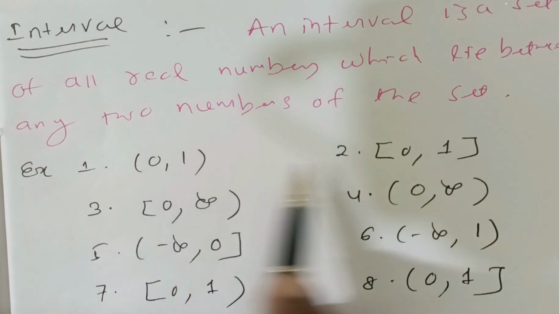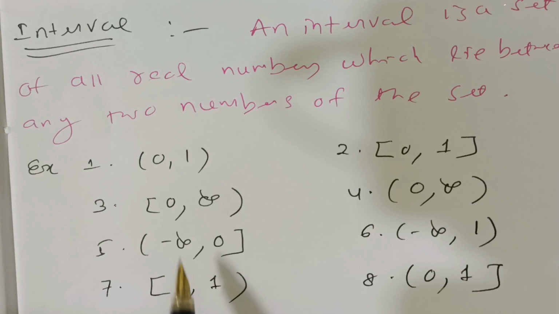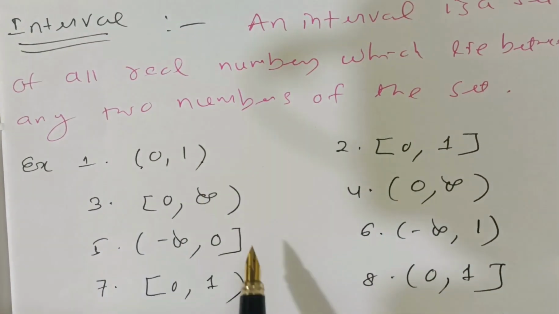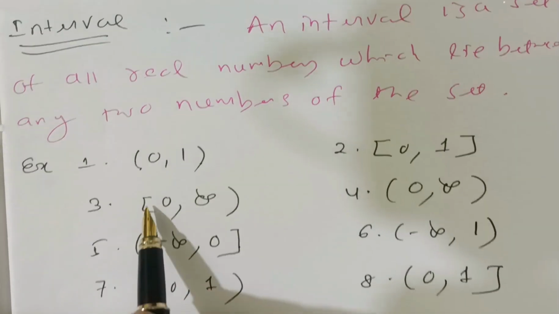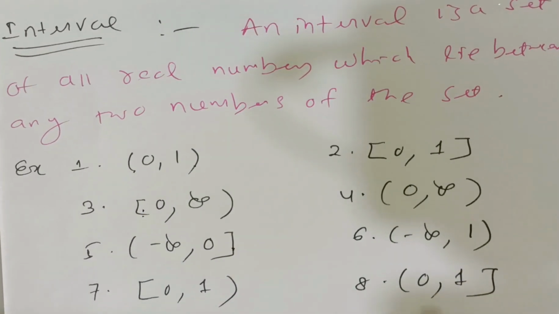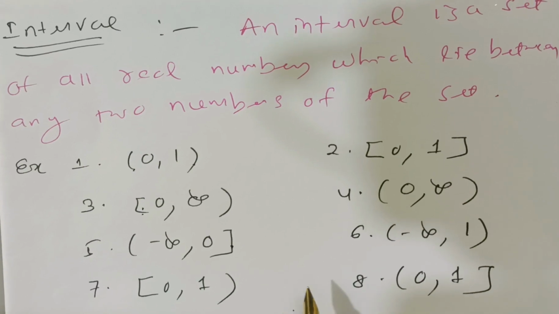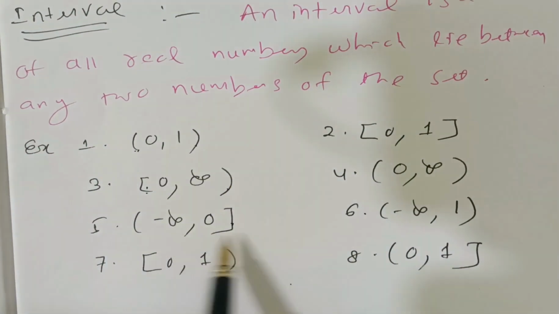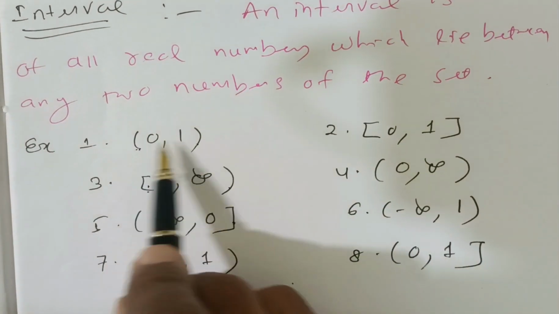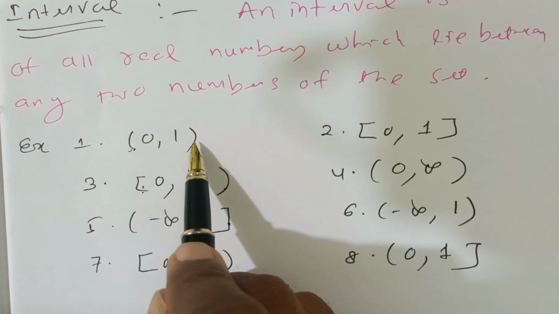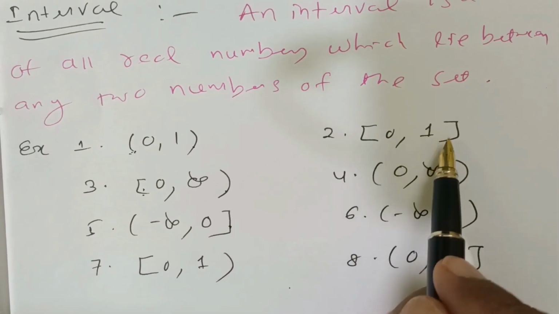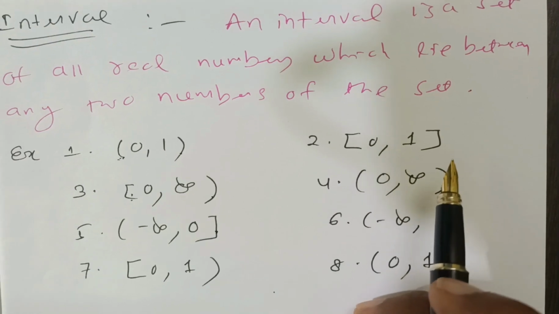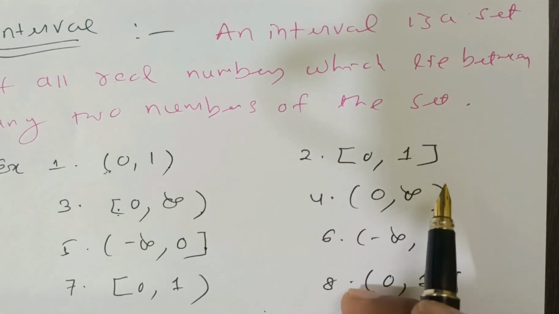See friends, we are using different types of brackets here. We have used the parentheses or the round brackets, and here we are using the box bracket in various places. Somewhere in the left, somewhere in the right, and somewhere both sides. Here the parenthesis or the round bracket is on both sides. Here the box bracket is on both sides, and let us understand their meanings.